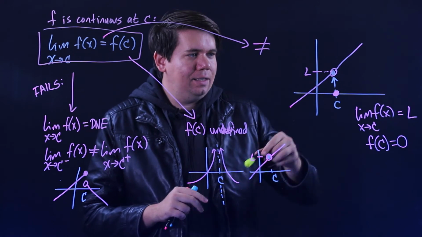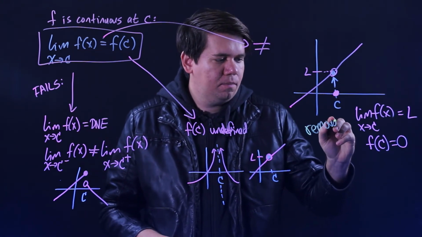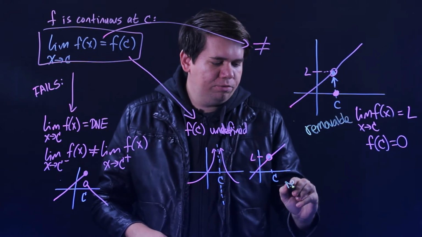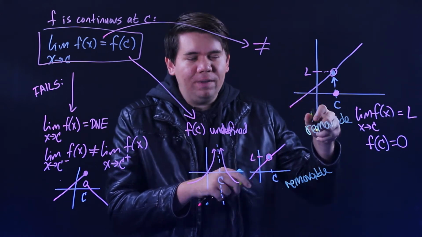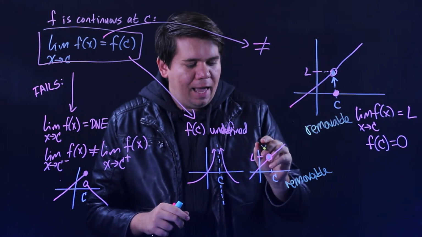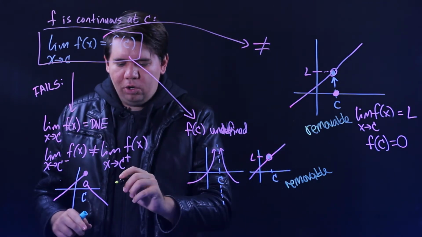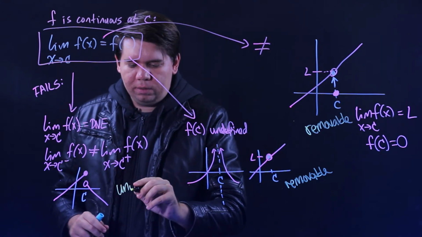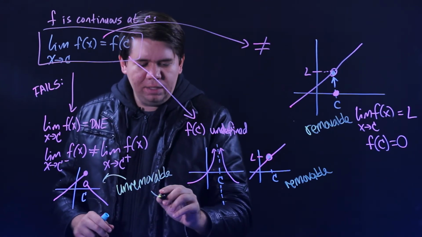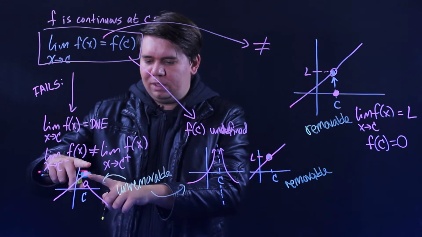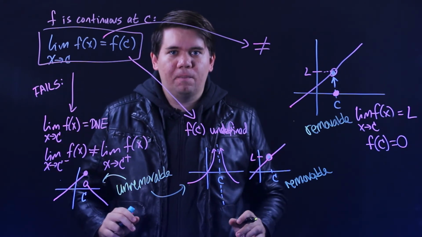We'll call this second kind removable discontinuities. These are removable because although there's a hole in the graph, you can easily fill it in by just moving a dot or adding a single point. Whereas this other kind we'll call unremovable. It's more fundamental to the graph that there's a discontinuity there, and there's no way just by moving a point or two to fix that.